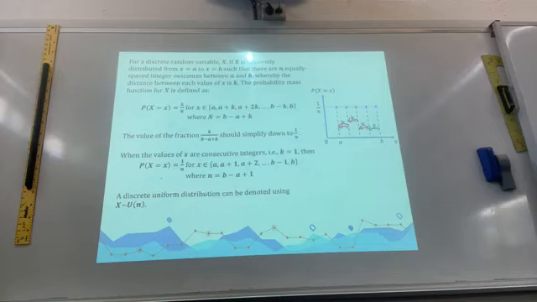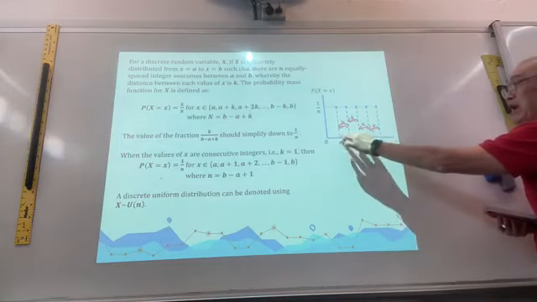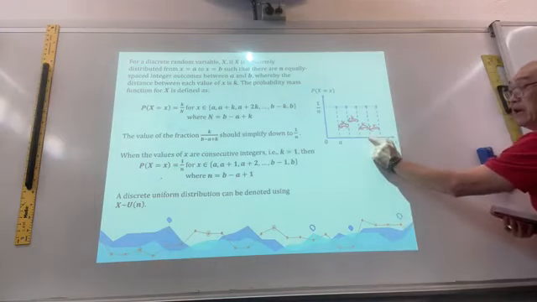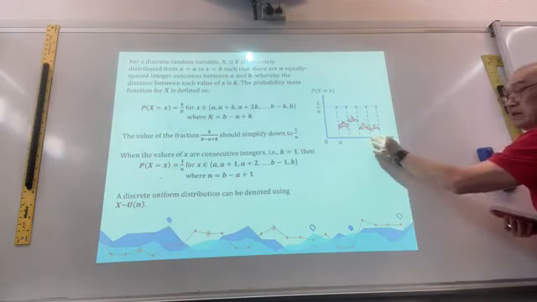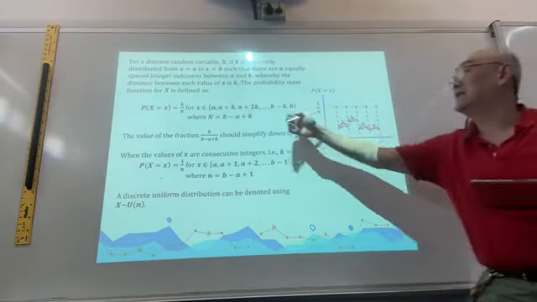The probability mass function for x is therefore defined as p of x equals 1 divided by n, for x equals a plus k, a plus 2k, a plus 3k, so on and so forth, until you have b minus k. So that's b minus k. Now, you've got to know what n is.